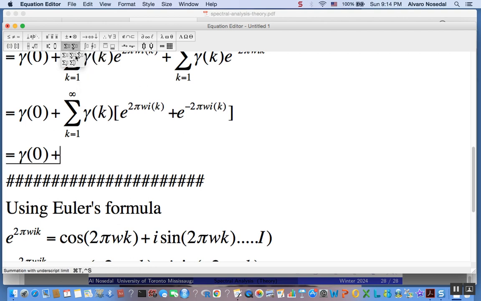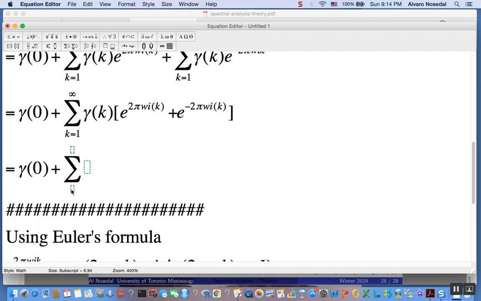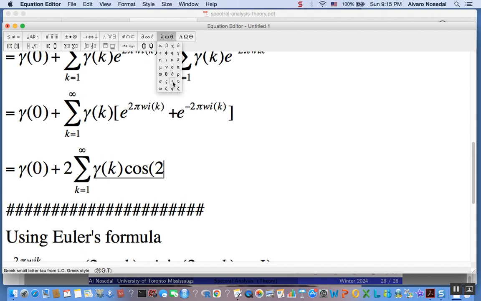Summation of k goes from 1 to infinity, and then we're going to have 2 times gamma at k cosine of 2 pi wk. Makes sense?